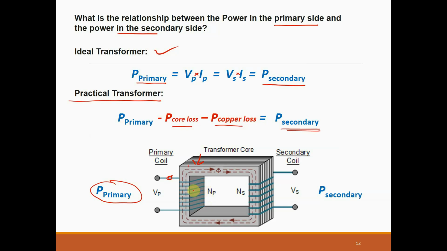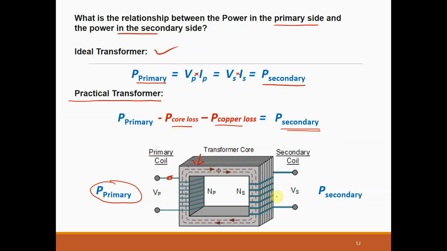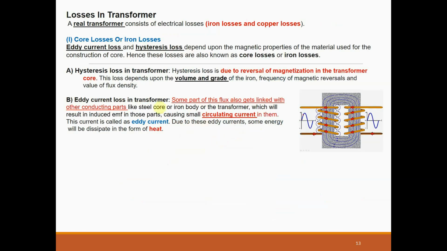It depends on the cross-sectional area of the winding coil that you use, the magnet wire. Okay, so anyway, even though we are not going to talk about power loss, core loss, we're not going to consider that in our analysis. Let me just give you a short background of what those losses are.